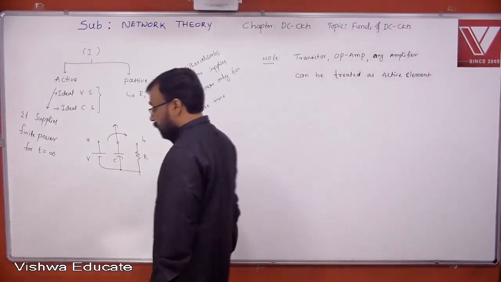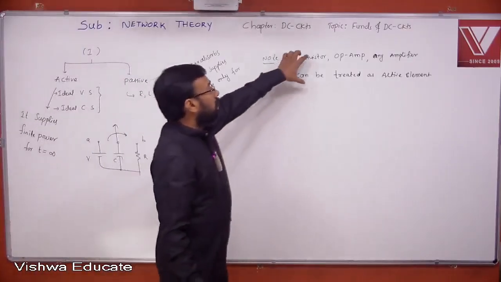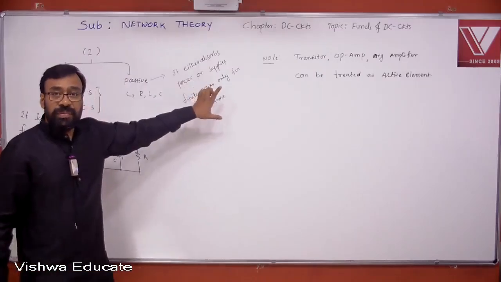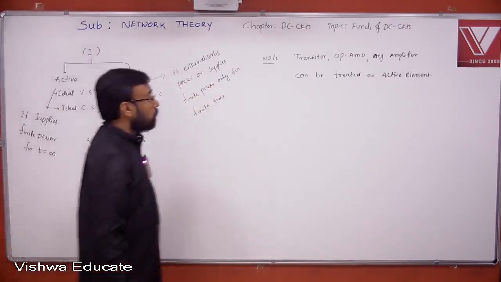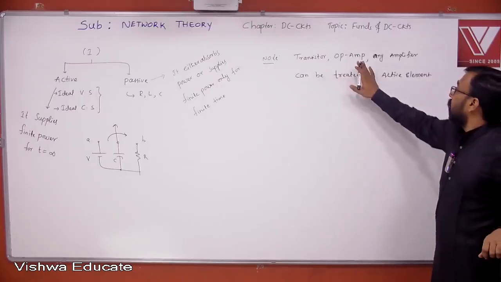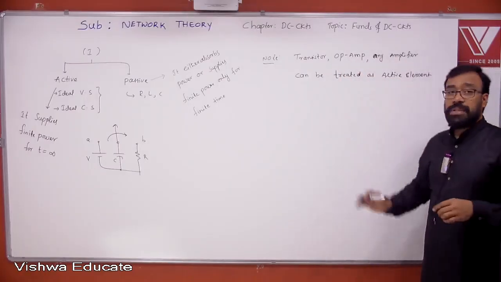Understand all of you? Okay? So this is a special case. There is no relation between this particular case and the definitions given over here. So therefore, you can write down: transistor, op amp, or any amplifier can be treated as active element.